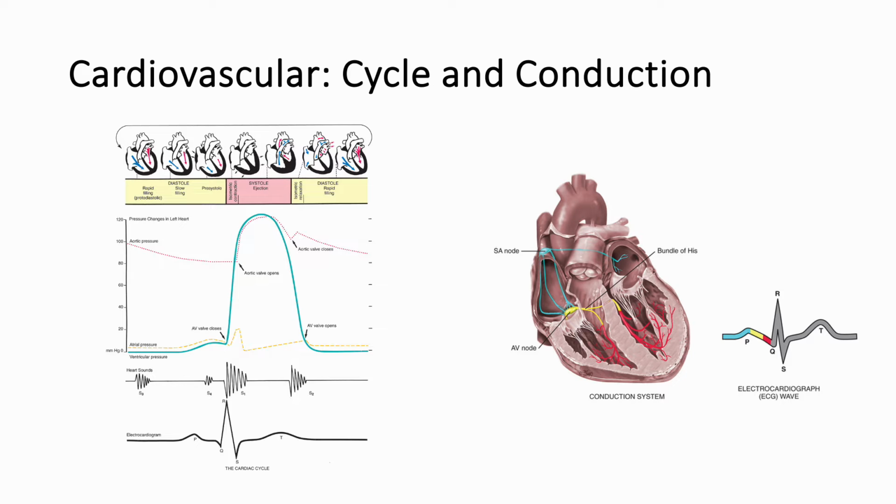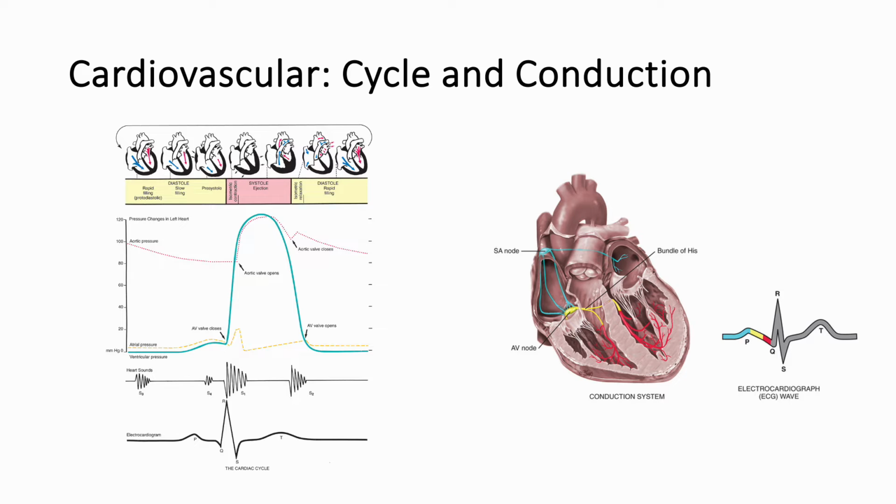As a result, there are two distinct components of each of the heart sounds. You hear them separately. You're going to hear the mitral component and the tricuspid component in that first heart sound. And in the second heart sound, the S2 or the dub, you are going to hear the aortic valve closure and the pulmonic valve closure.